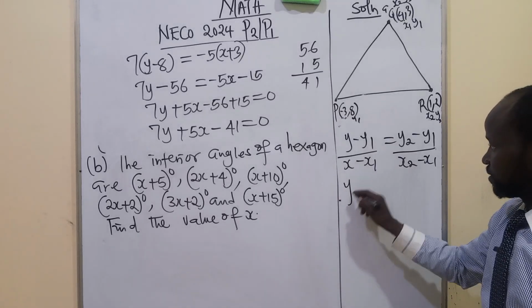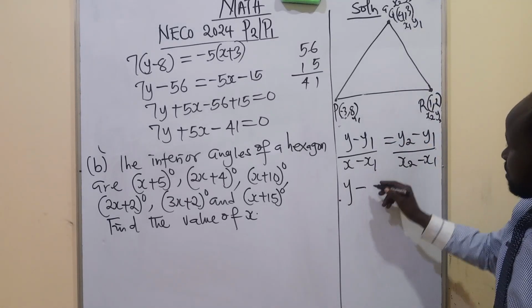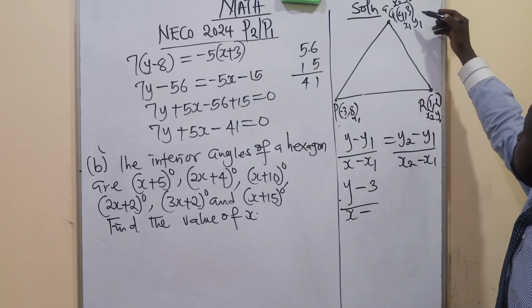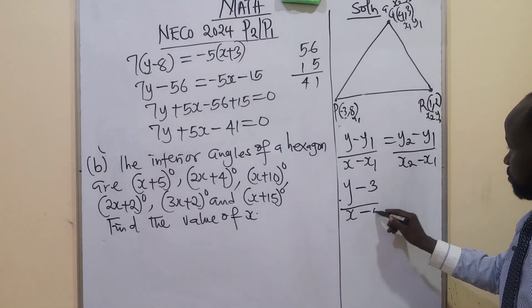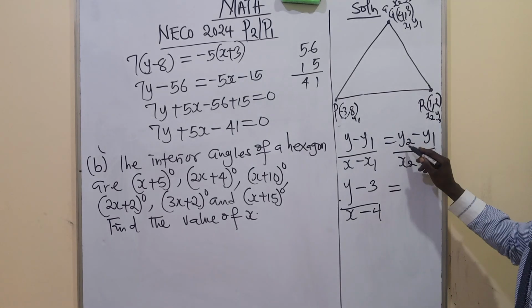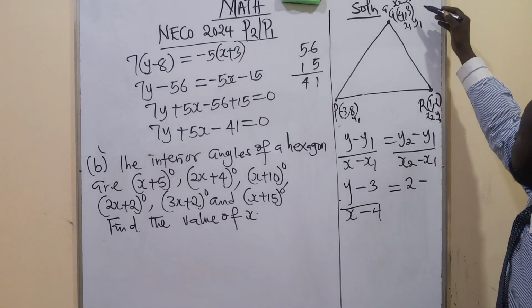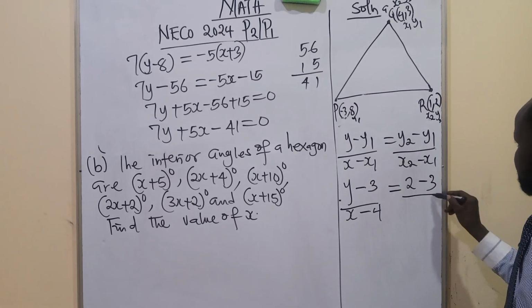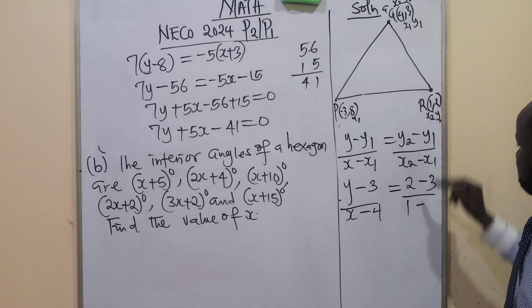So we have y now minus y1 now is 3, that will be minus 3 divided by x minus x1. Our x1 here is 4, that will be minus 4. This will be equals to y2, y2 is 2 minus y1, y1 is 3, divided by x2, x2 is 1 minus x1 is 4.